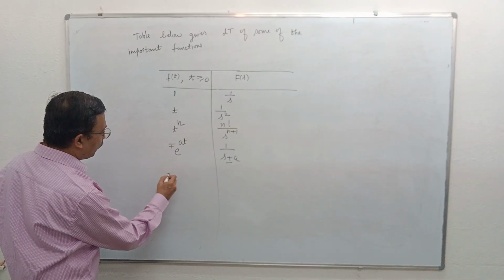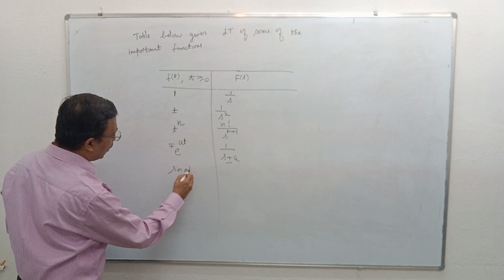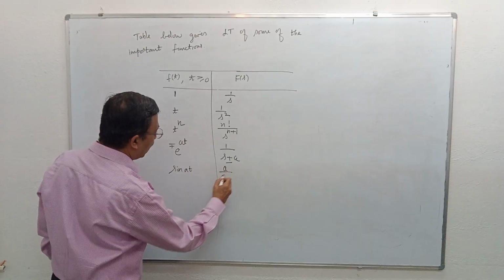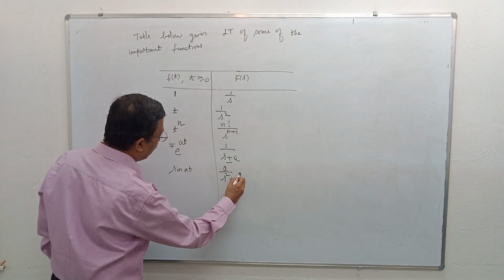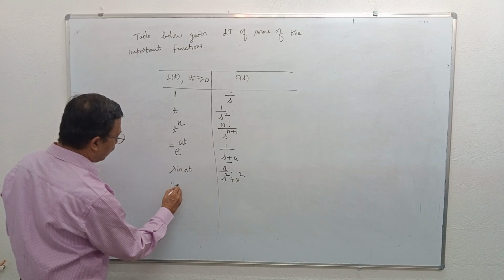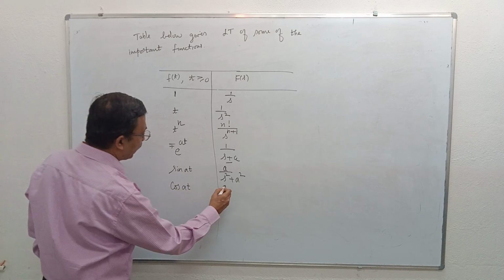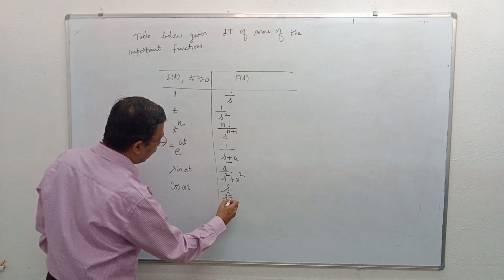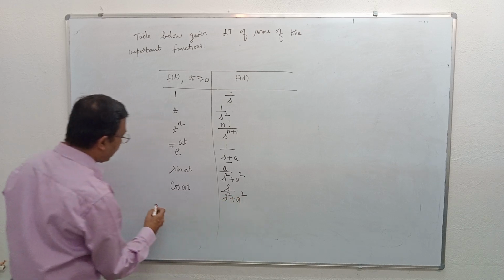Laplace transform of sin at is a divided by s square plus a square. Laplace transform of cos at is s divided by s square plus a square.